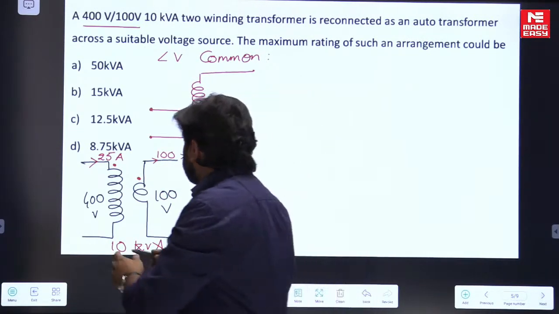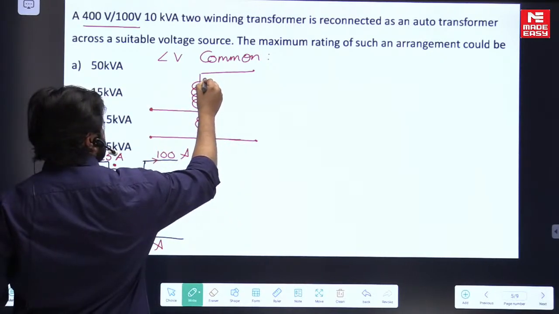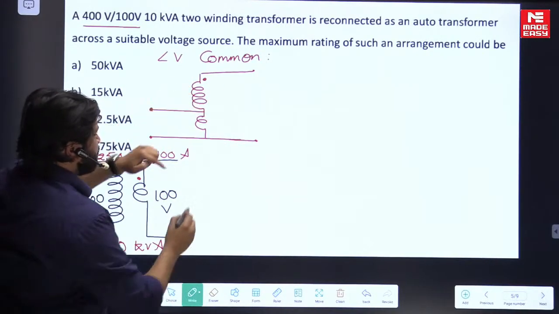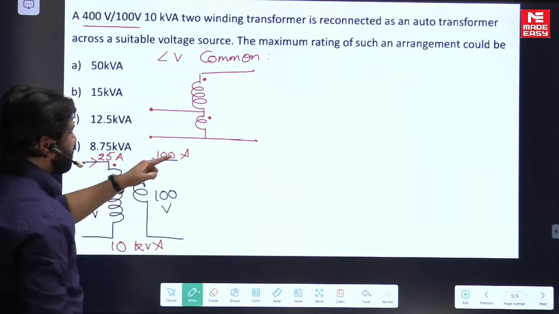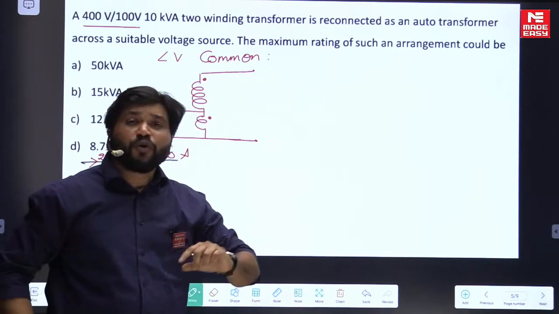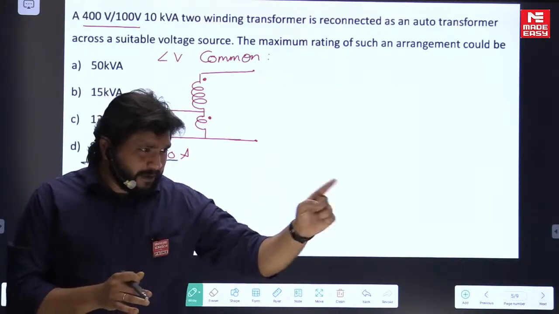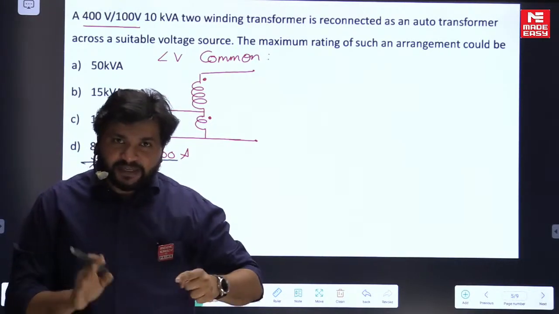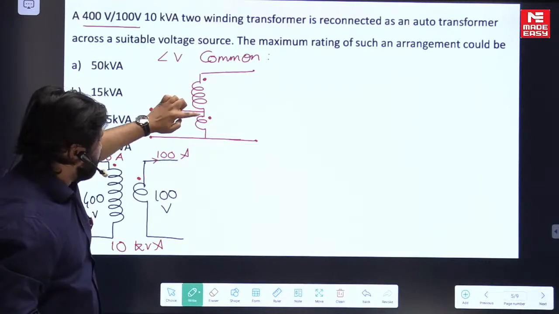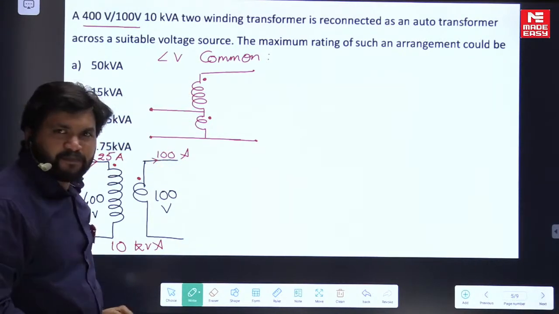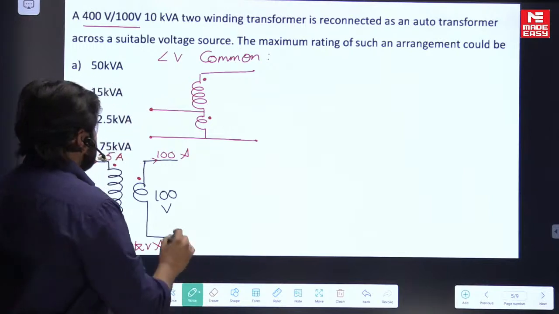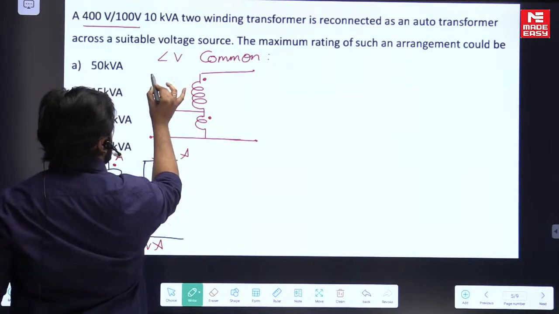So if this is dot, this is undotted. Just imagine how you put cells in your TV remote or any toy: plus minus, they all add. In a similar way, plus minus, they all add. It is called additive polarity. LV common, additive polarity.